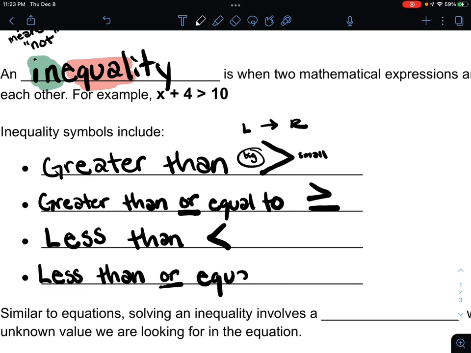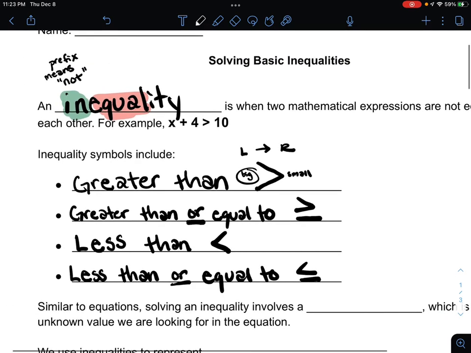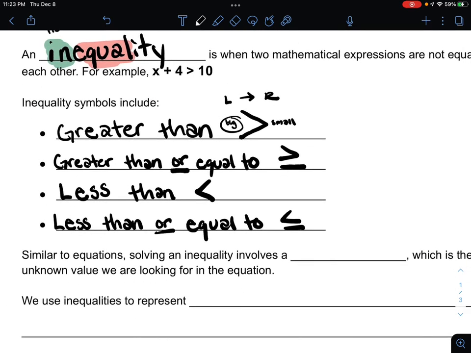Boom. So these are the four basic symbols that we're going to be working with in inequalities. You could certainly make an argument that the not equal sign also applies, but we're just not going to focus on that in this video. We're really focusing on greater than or equal to, less than or equal to.